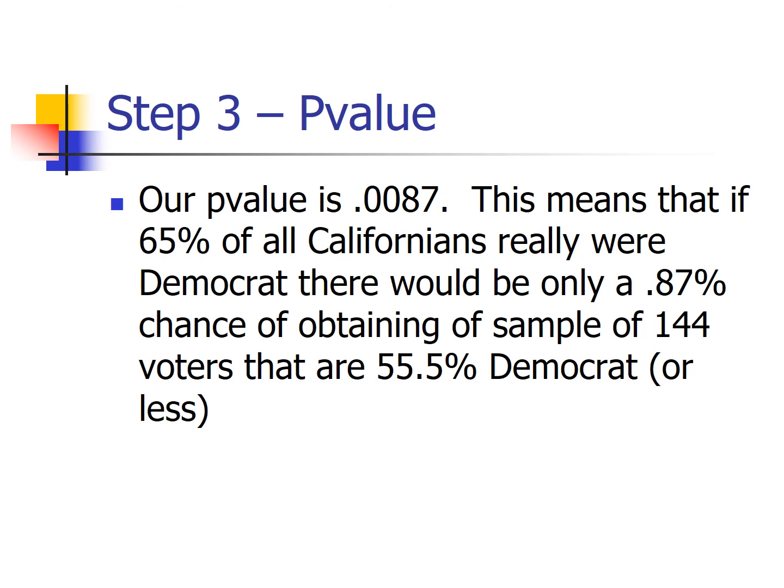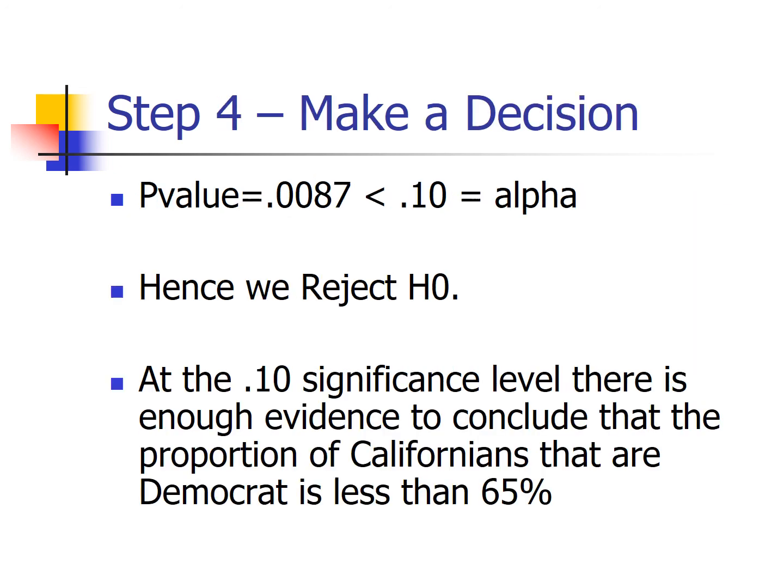This means that if 65% of all Californians really were going to vote Democrat, then there's only a 0.87%, less than a 1% chance that we would obtain a sample of 144 voters in which 55.5% of them or less were Democrat. This is a very small probability. It means that our sample is inconsistent with our hypothesis.